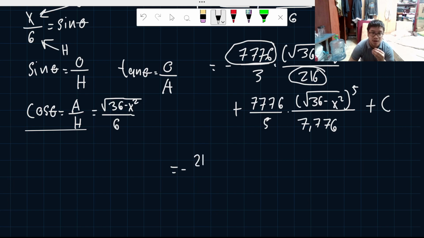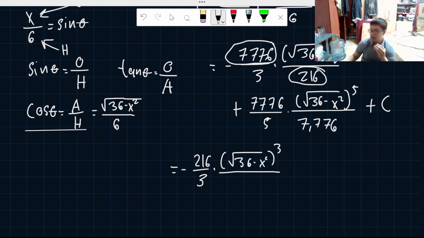So minus 216 all over 3 times the square root of 36 minus x squared to the third power, all over 216 divided by 36 will give you 6.